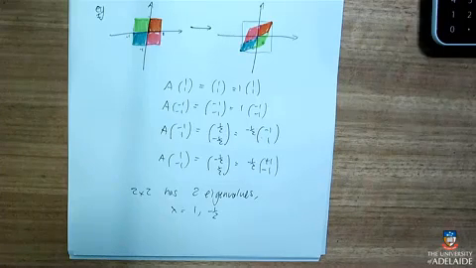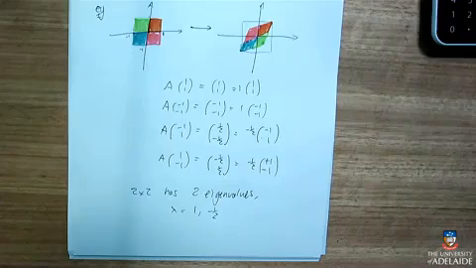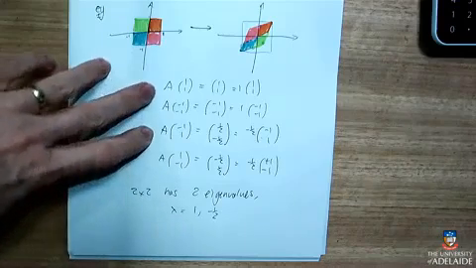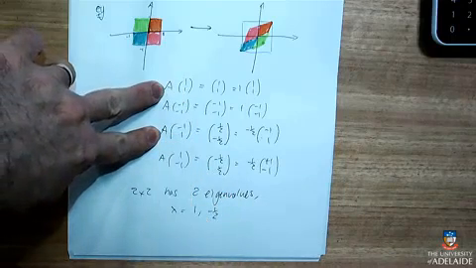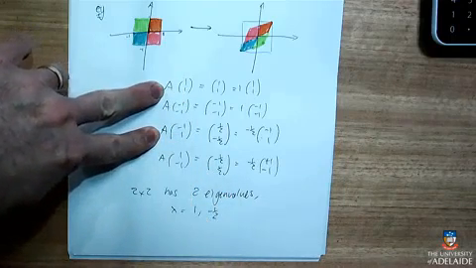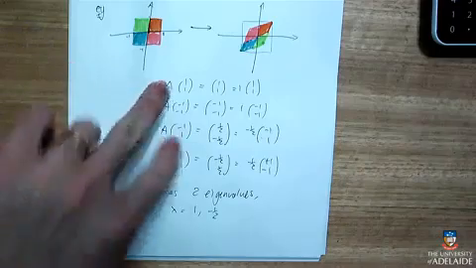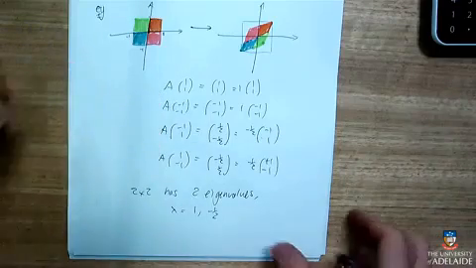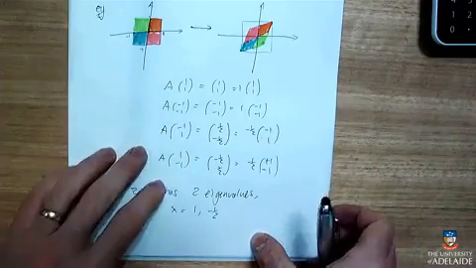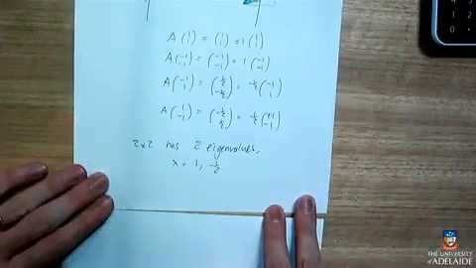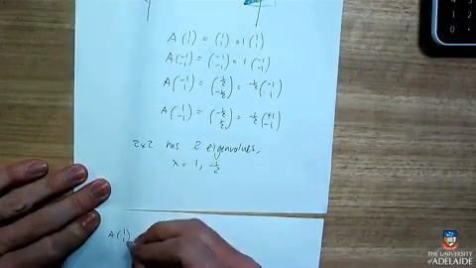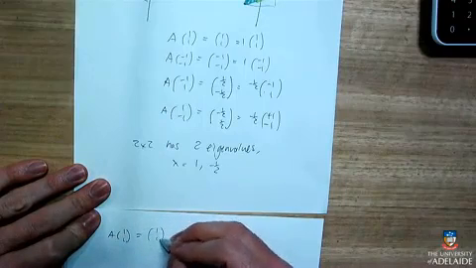So, cool. I should be able to figure out what this matrix is if I wanted, because I know what A of 1, 1 is, and I know what A of minus 1, 1 is. So if I added these two together, that would give me A of 0, 2, and I could divide that by 2, and that would give me A of 0, 1, which would be the second column of the matrix. So I might even actually do that. You know, didn't ask to do that, but... So A of 1, 1 is 1, 1.